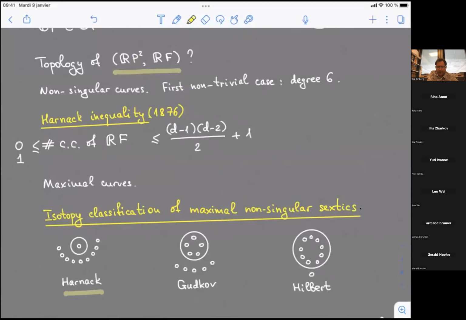It can be embedded like a circle, meaning that the circle divides RP2 into parts. One part is homeomorphic to a disk, and the other part is a Möbius band. And the second option is to embed a circle like a line. So in this case, the complement of the circle is connected.